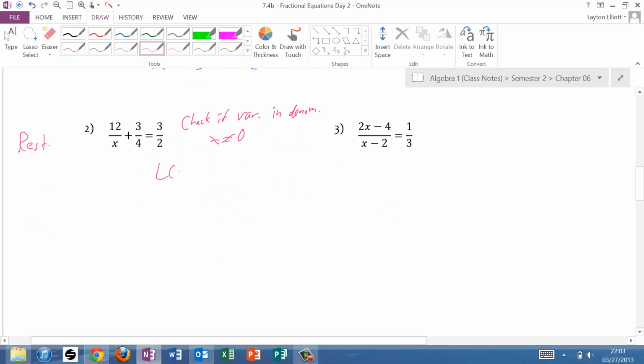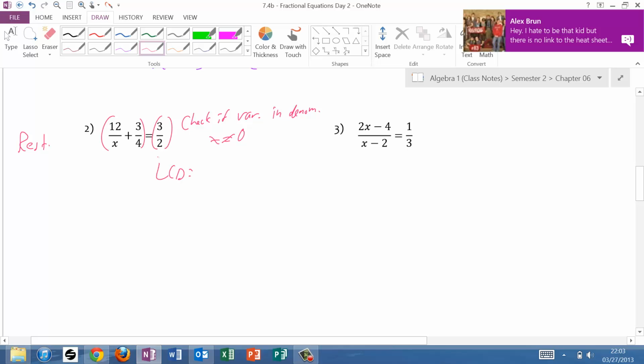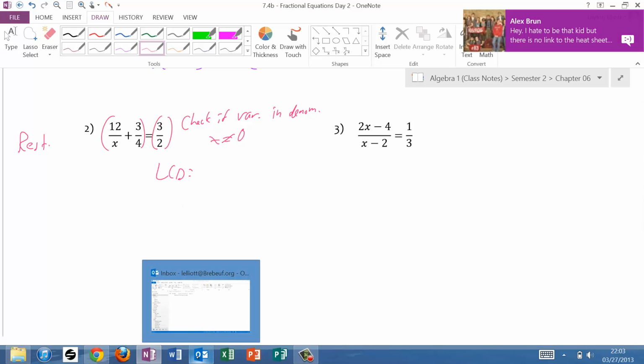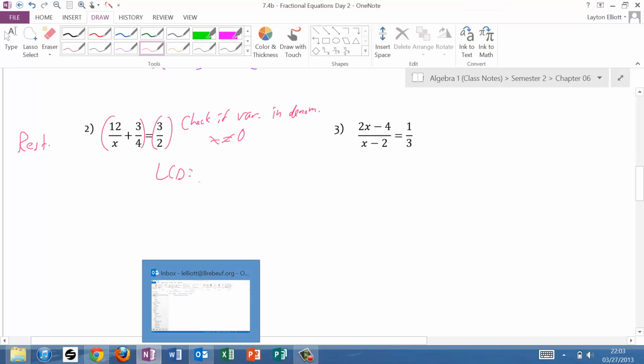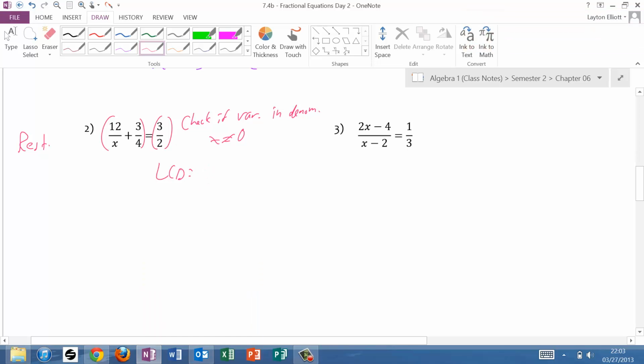Then I'm going to state an LCD, which you must do in every problem. I'm going to multiply the left side and the right side by, that would be 4x.